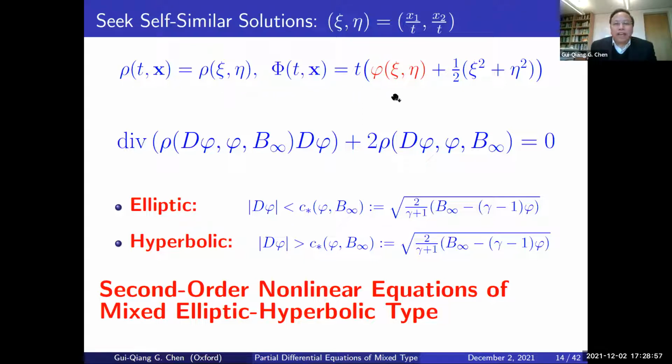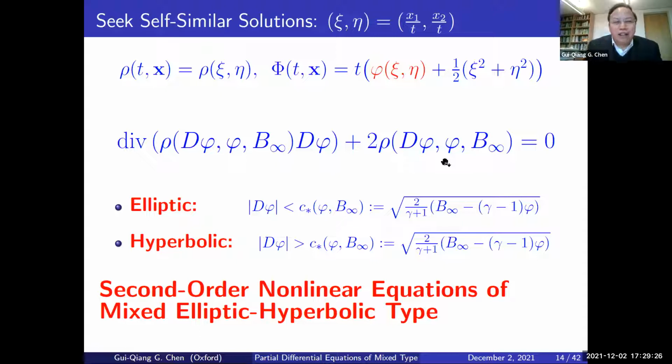Now, for convenience, the velocity potential is shifted by quadratic terms here. The reason I shift it is that I can now rewrite the equation very beautifully as a quasi-linear second order nonlinear PDE, independent of the independent variables for this phi. So we just shift phi for convenience, and this makes the second order PDE very nice.